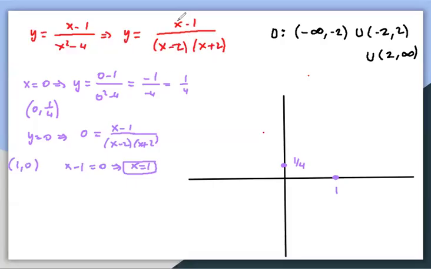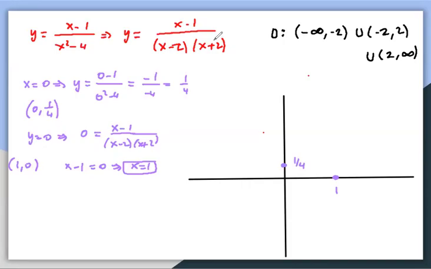The same thing with x minus 1, which has a power of 1 as well. So each factor has power 1, which means odd multiplicity. Whenever you have odd multiplicity, the function will cross the x-axis at these zeros. Okay, so that is something we have to remember.